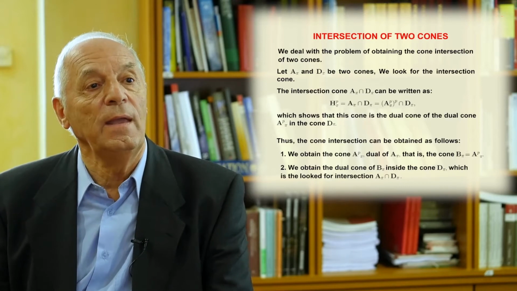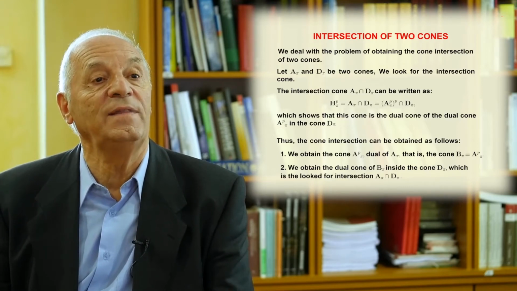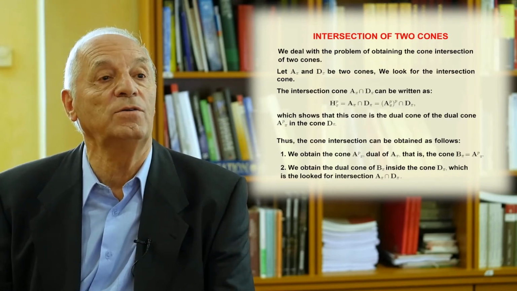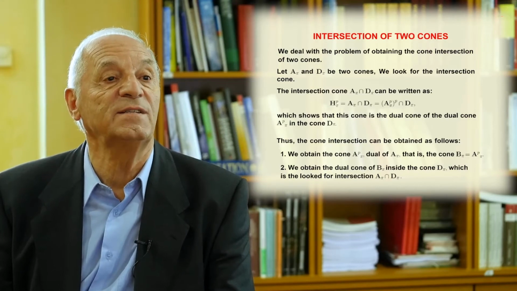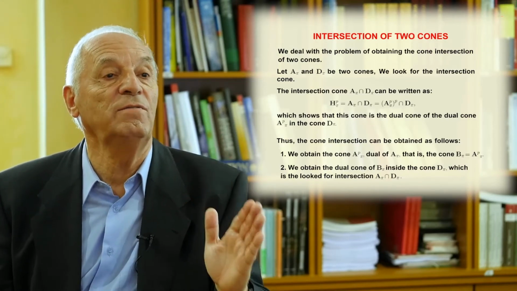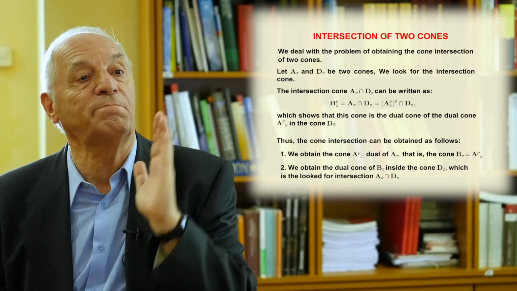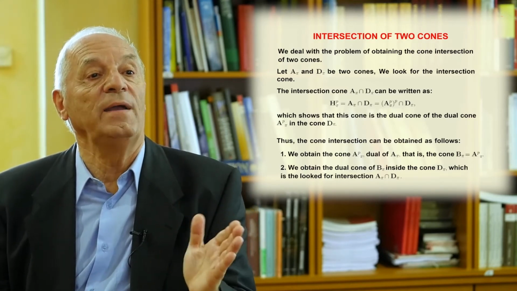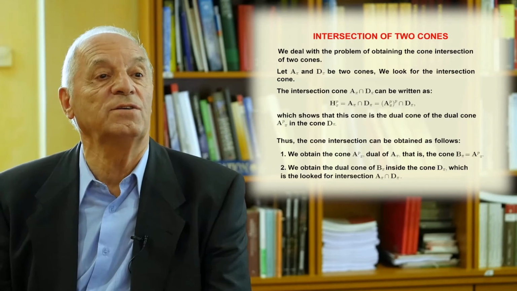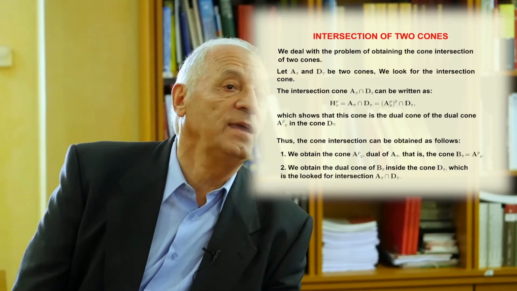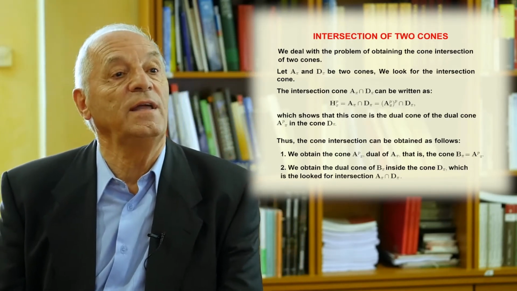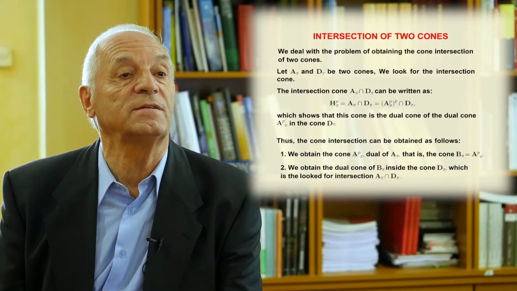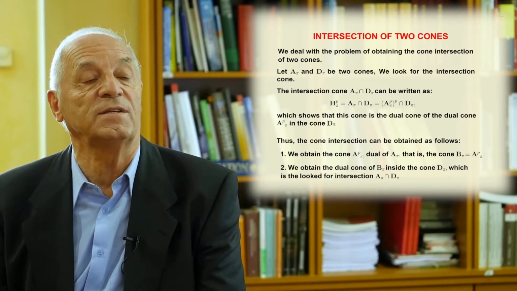A pi means the cone generated by the columns of A. That means pi 1 the first column plus pi 2 the second column plus pi n the nth column. So A pi intersection D pi is the intersection of the cones A and D generated by the column vectors of these matrices.